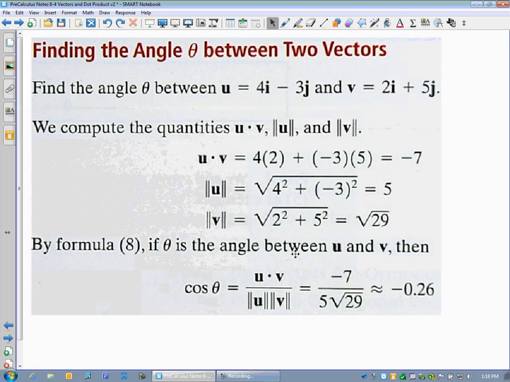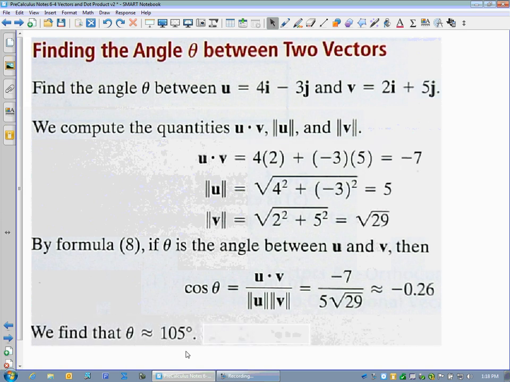So you're going to take the arc cosine of both sides, and when you put it in the calculator, I would put in arc cosine of this exact quantity, not arc cosine of this approximate quantity. So you never want to round in the middle of the problem like they just did. But if you do it correctly, you should find that theta is approximately 105 degrees if you round to the nearest degree.